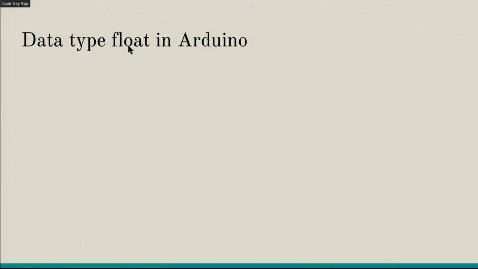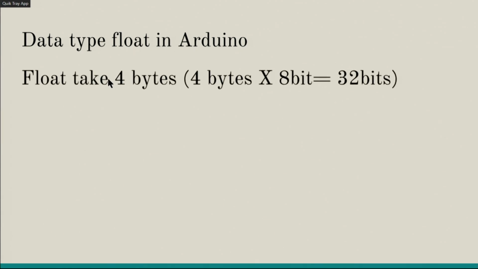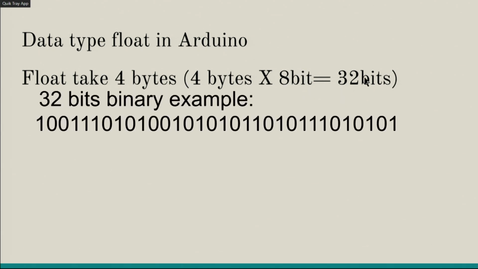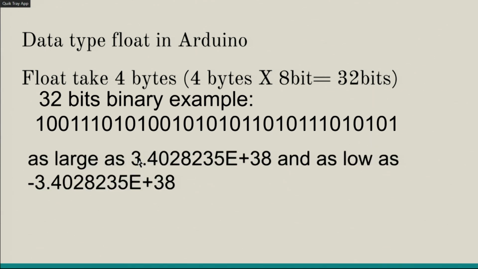There is another data type called float in Arduino, and the float takes 4 bytes. So 4 bytes times 8 bits is 32 bits. That's the total length of the value that is stored. We can get as large as 3.402835 times 10 to the power 38, and also the same value as a negative, because it's a signed value.